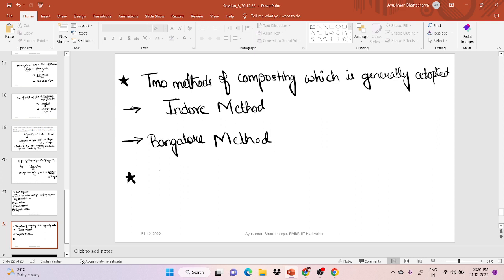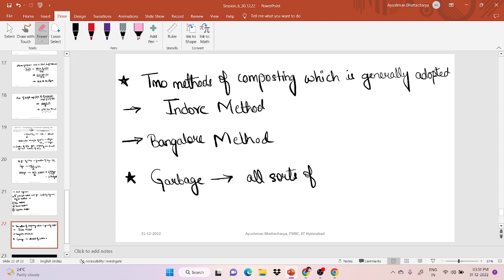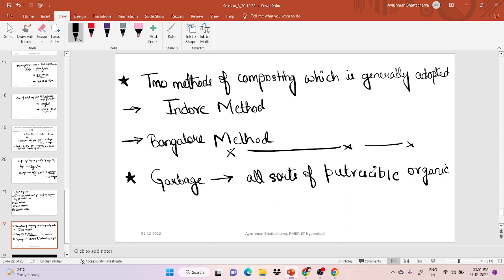See, garbage is basically all sorts of putrescible organic waste, which includes putrescible waste that can decay, like whatever is obtained from kitchens, hotels, restaurants.